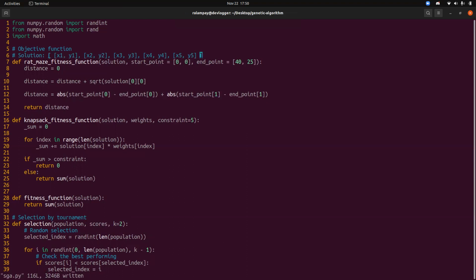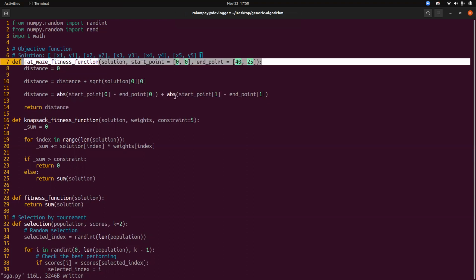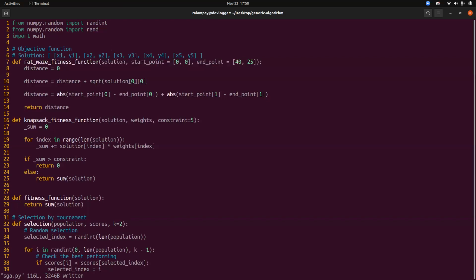So if we frame it this way, then the score of a certain solution will be the distance between the starting point, whatever that starting point is, and the first element of the solution. So start point at this value minus, plus, square, that's wrong. Need to square this.